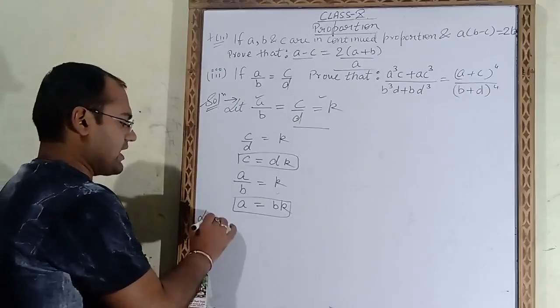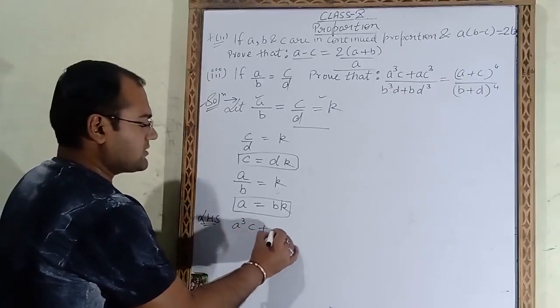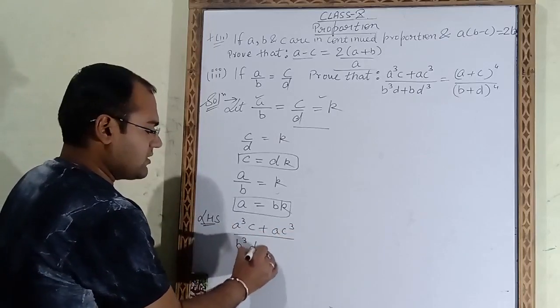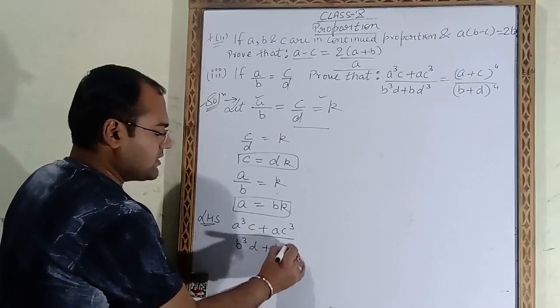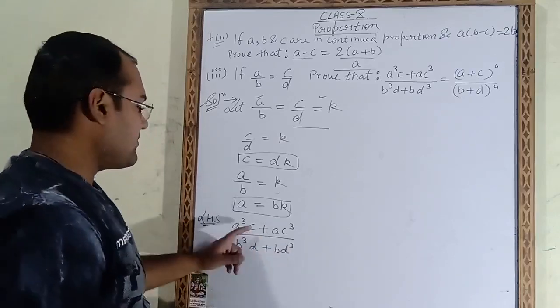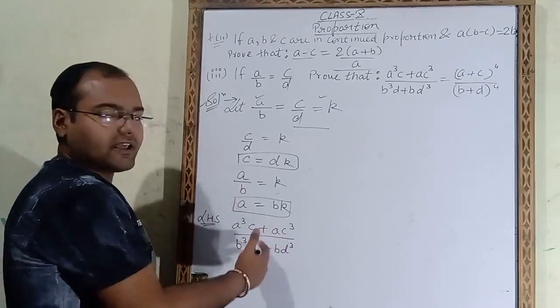First of all we will take LHS. Left hand side is A cube C plus AC cube upon B cube D plus BD cube. This is the left hand side. We will put here values of A and C. But before that we can take common also.